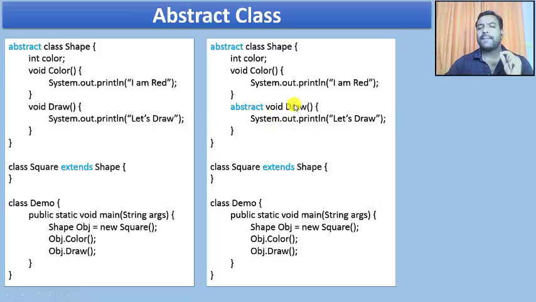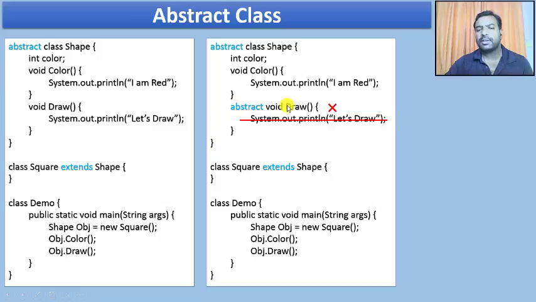As soon as I make a method an abstract method, we are not supposed to have any body for the abstract method. It is something similar to the class. If it is an abstract class, it won't have any object.